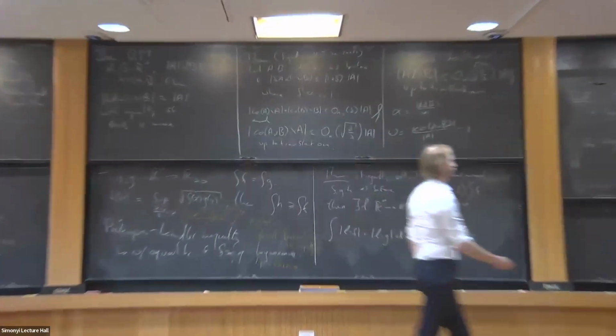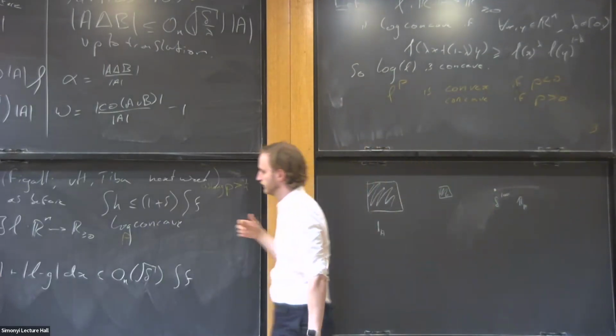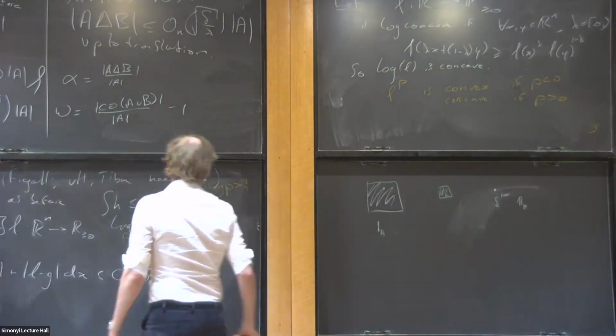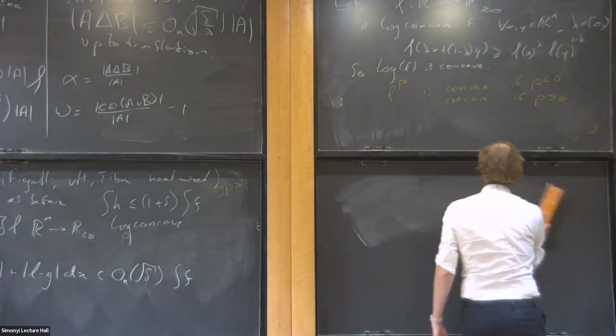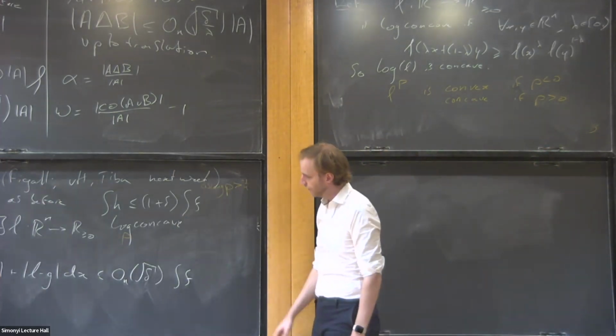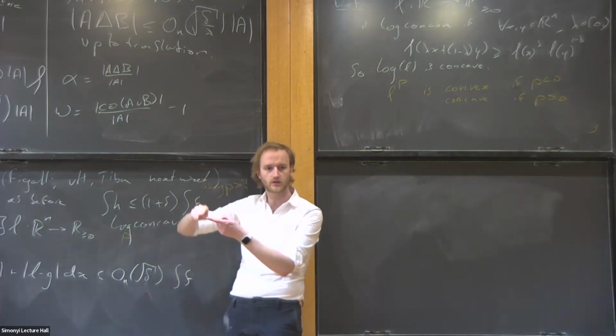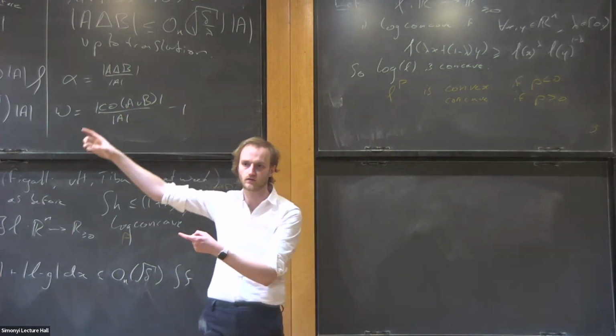So with this on the board, let me mention what was known in the Brascamp-Lieb world. Essentially this, with the bound that I just showed, delta to the lambda to the 3 to the n.